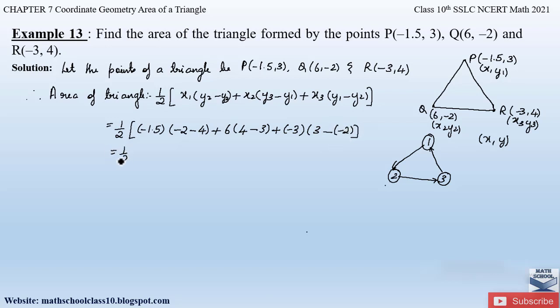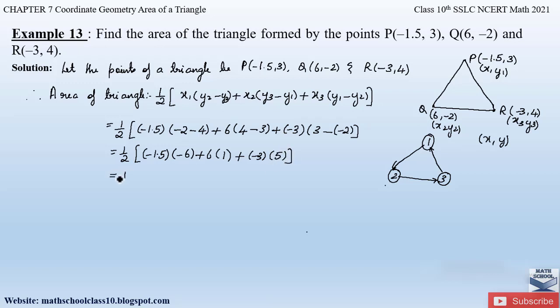Now let us simplify inside the brackets first. We have minus 1.5 into minus 2 and minus 4, we have to add with a minus sign, so this will become minus 6, so 2 plus 4 is 6 and this is minus 6. Plus 6 into, what is 4 minus 3? It is 1, so plus 1. Plus again we have minus 3 into 3 plus 2, which is 5.